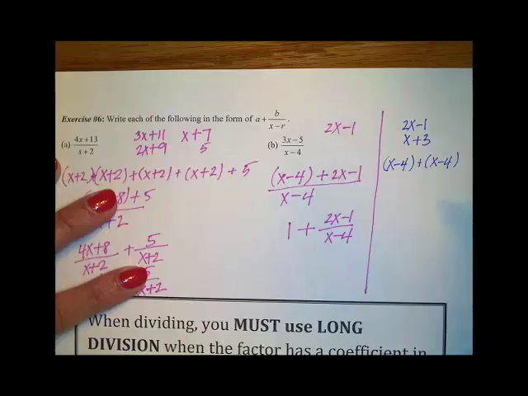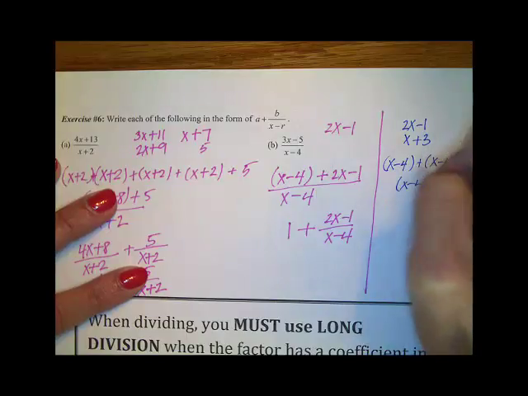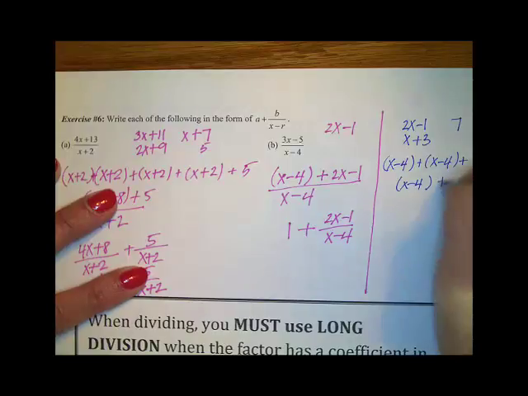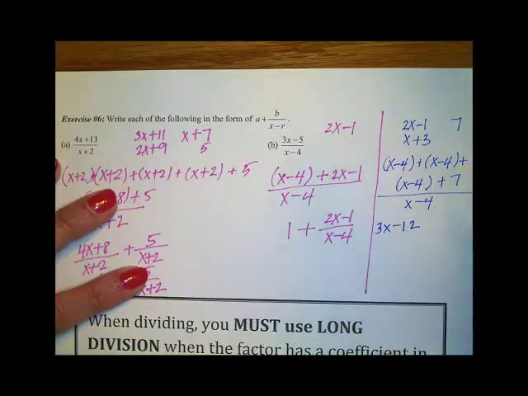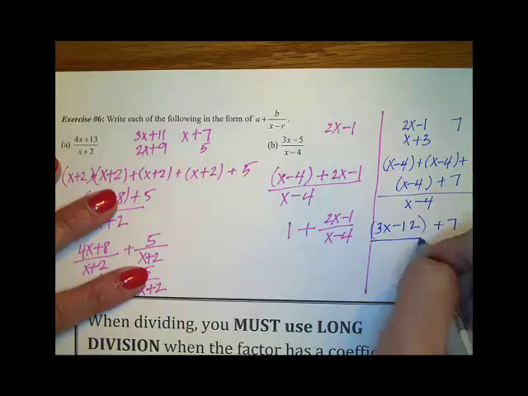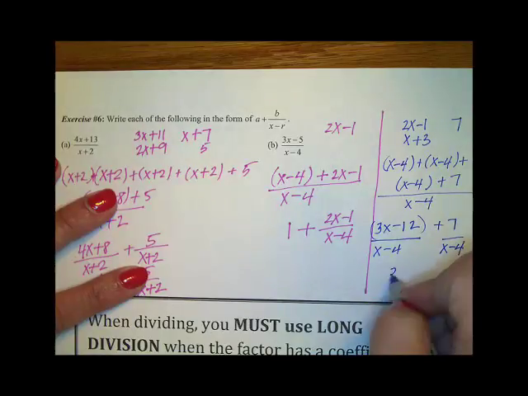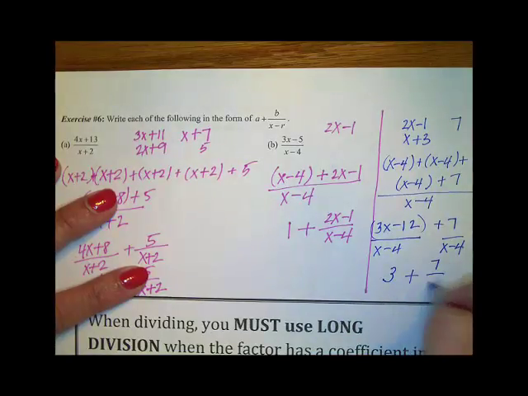And if I take out another x - 4, that means I have 7. All that is divided by x - 4. So I really could have taken out 3x - 12 plus 7 divided by x - 4. So this would be 3 plus 7 over (x - 4).